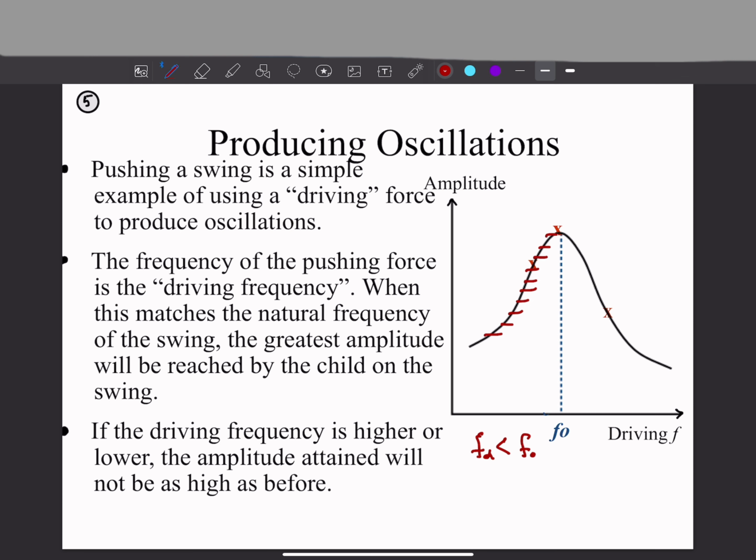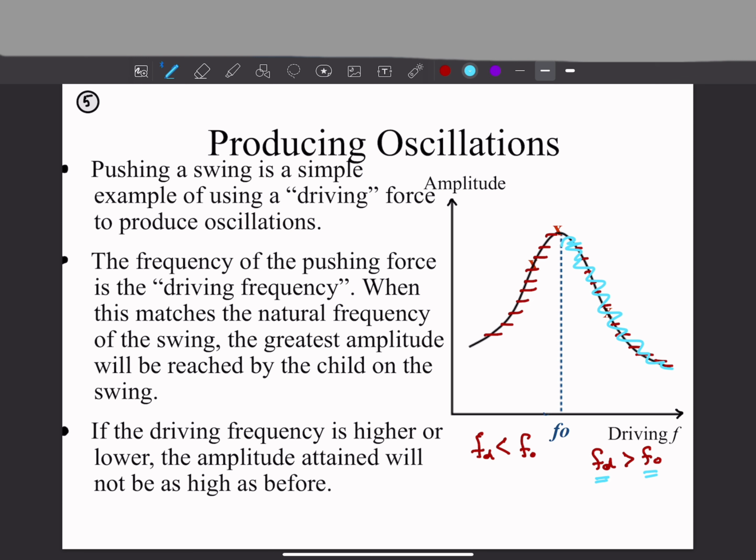But what about when your driving frequency is greater than f naught? Why is the amplitude decreasing? I think this part is very important. When the driving frequency is greater than the natural frequency, why is the amplitude decreasing? It is very, very important, but it's not very difficult to understand.